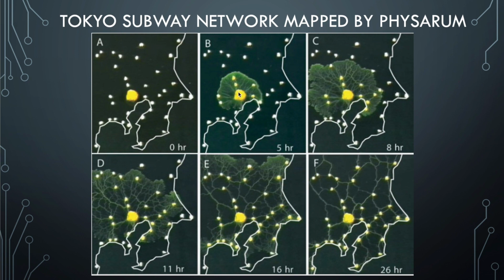Very rapidly you can see it moving towards the different food sources. But over time, it finds the shortest routes and fortifies those routes by growing only in between those to gain that food source. So this is how in 26 hours Physarum can solve the puzzle of the most efficient way to design a railway system or a subway.